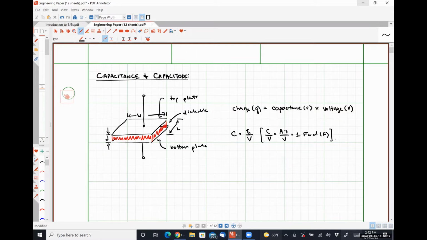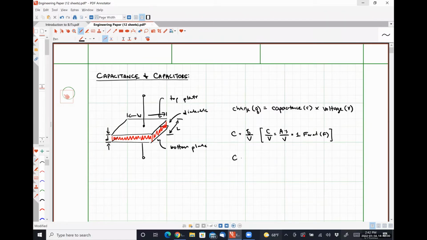Capacitance, the ability to store charge for an applied voltage, is very geometrically dependent, okay?